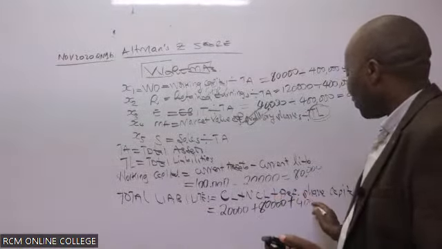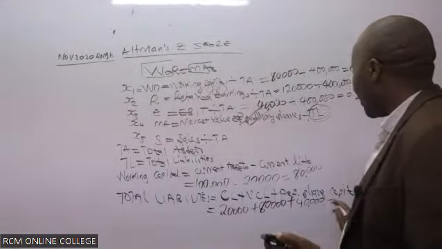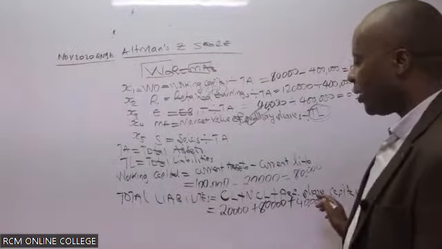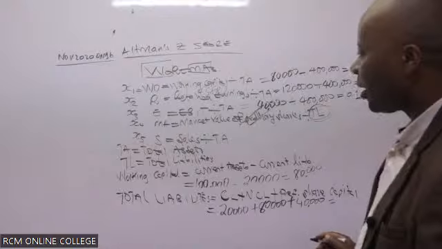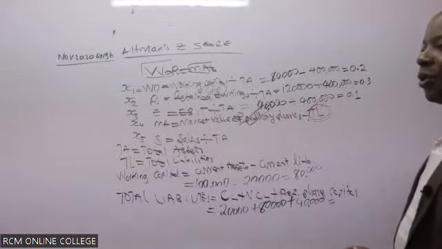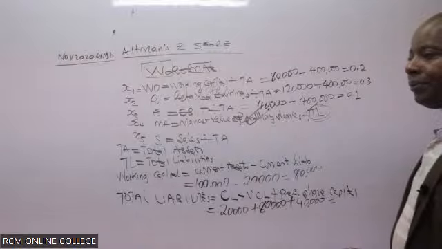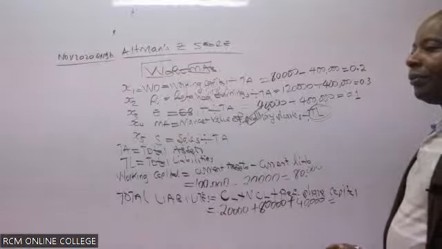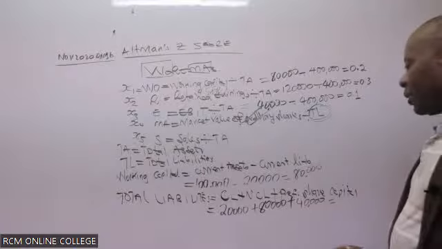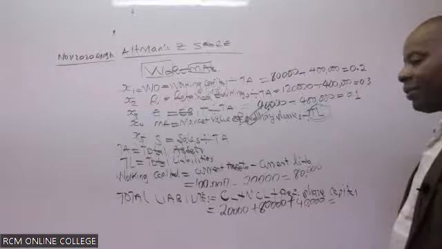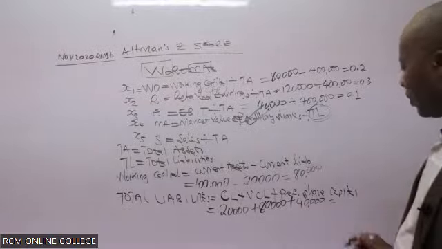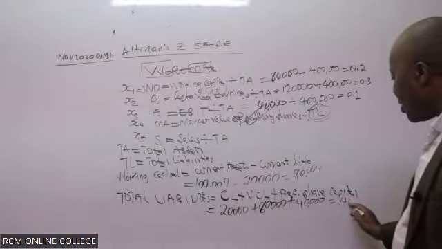Yes, that's right. So could you kindly give me the total liabilities here? 20,000 plus 80,000 plus 40,000 gives me 140,000.